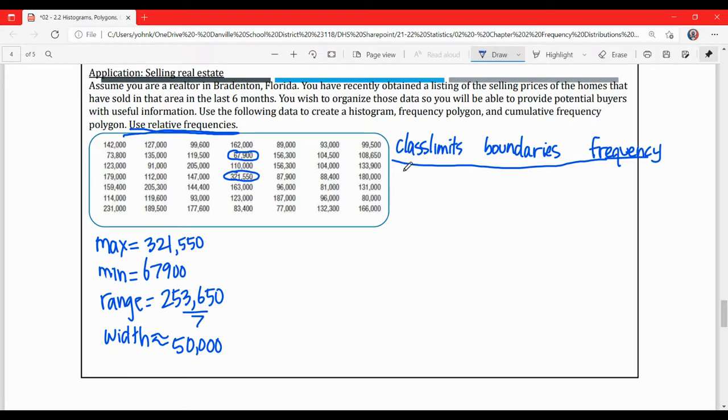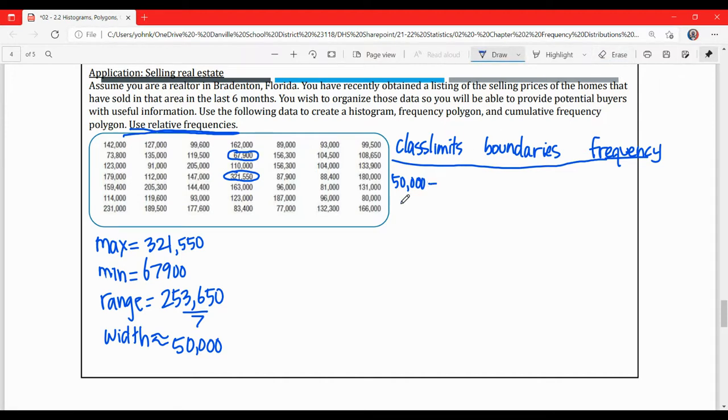Okay, so I'm looking at the class limits. Now the smallest one is what we usually would start with, 67,900, but that's kind of an awkward number to add 50,000 to. So let's just call it 50,000 to 100. Well, we can't do the second part yet. We've got to get the next lower.